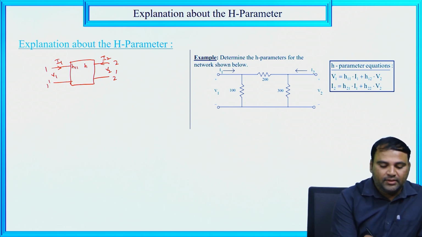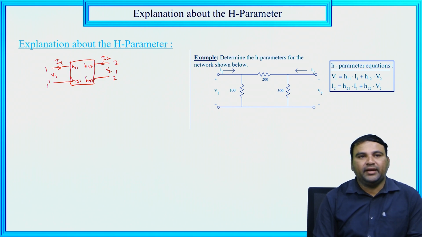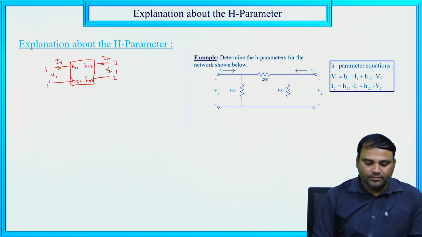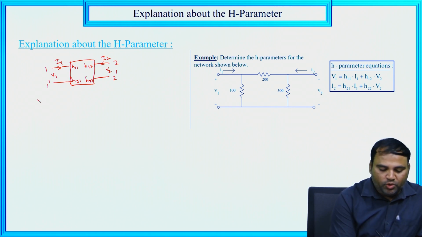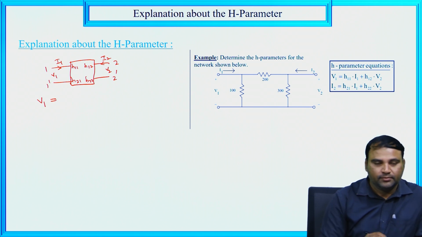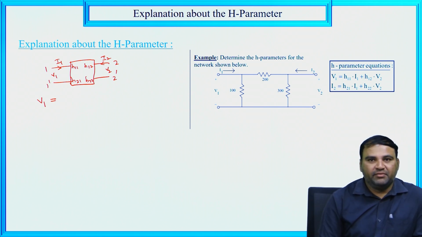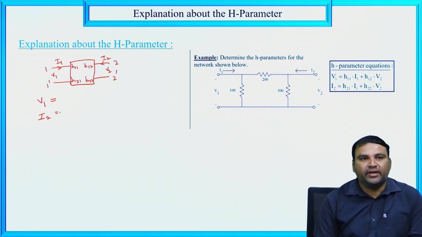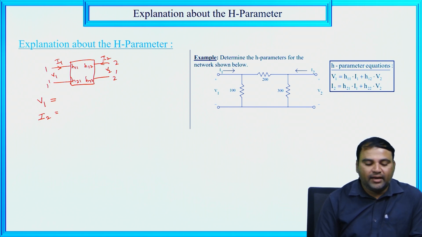Now the representation of the H parameters is H11, H12, H21, H22, right? Now we have to write the H parameter equation, or the hybrid parameter equation. We have to write the input voltage V1 equation and the secondary current I2 equation.